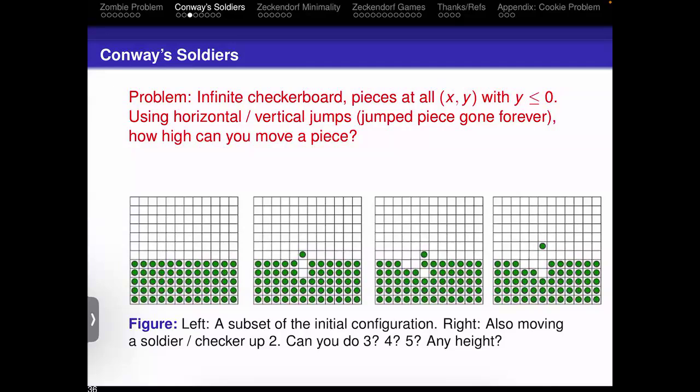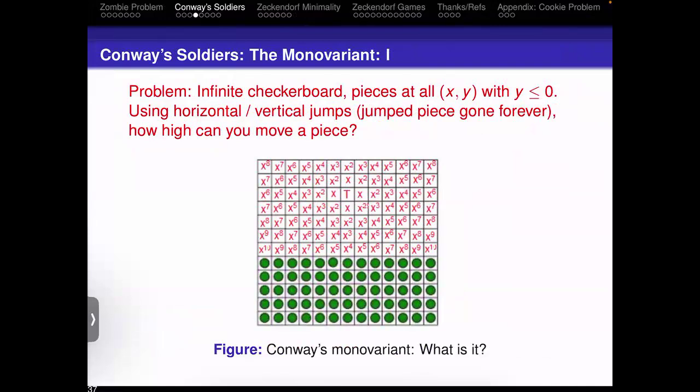And as I do moves, the value of the board is going to change. And I want to see if there's enough value here to move something up to row 3, row 4, row 5. So I hope this seems like a natural monovariant. And so what I'm going to do is put something in row 5 as the target t. And I'm going to assign a value of 1 to that.